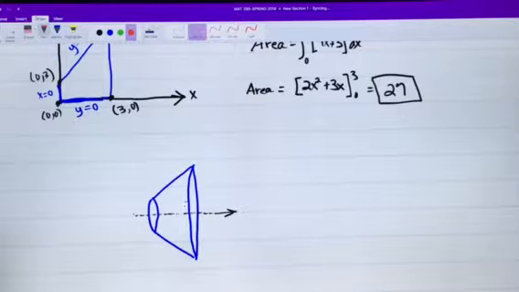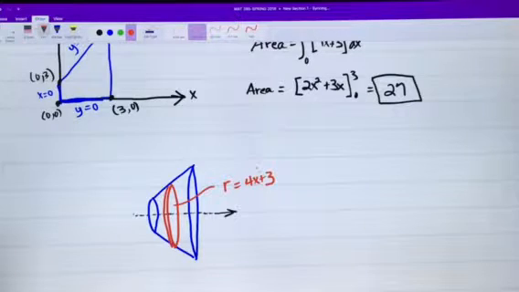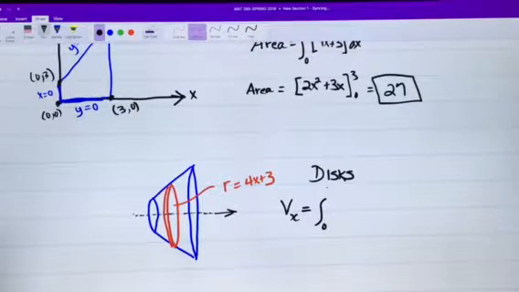So just taking what we have here, for the radius, this is going to be 4x plus 3. And again, looking at the method of disks for the volume generated about the x-axis, I'm going from x is equal to 0 to x is equal to 3, and we have pi times the square of 4x plus 3.